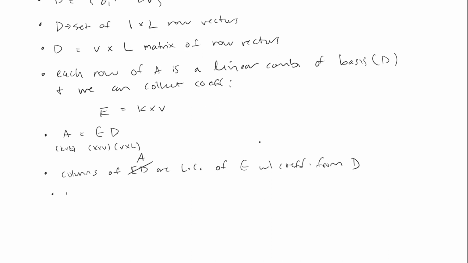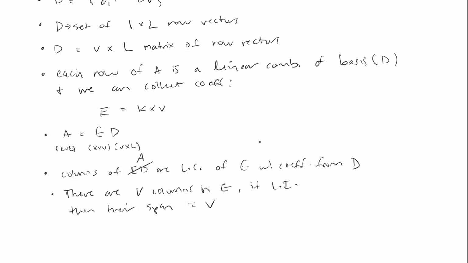And so with that being said, there are V columns in E. And if they are linearly independent, then their span is equal to V, right?